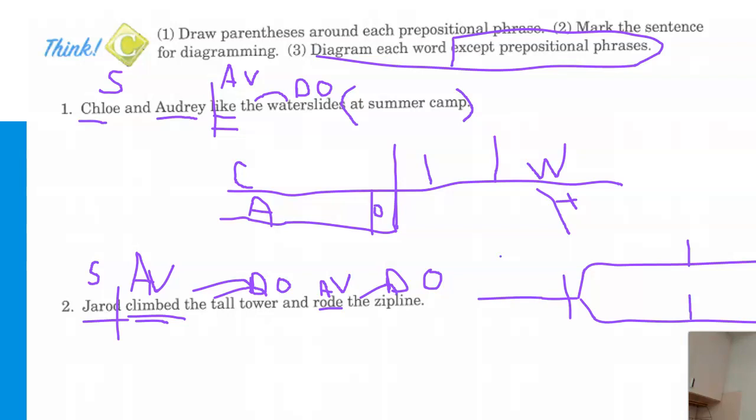Jared climbed what? He climbed the tower. So under here, we would have had two adjectives, the and tall. Here we would have had the verb rode. Rode what? Rode zip line. And then the adjective the for zip line.